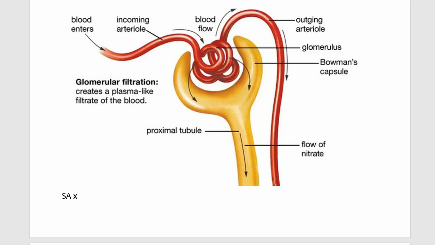And this is the larger surface area available for filtration. So the larger it is, generally speaking, the higher the KF. This surface area refers to the total area of the glomerular capillaries available for filtration. If you look at the diagram, you can see that in effect. The larger surface area, the more room we're going to have for filtrate to pass through.